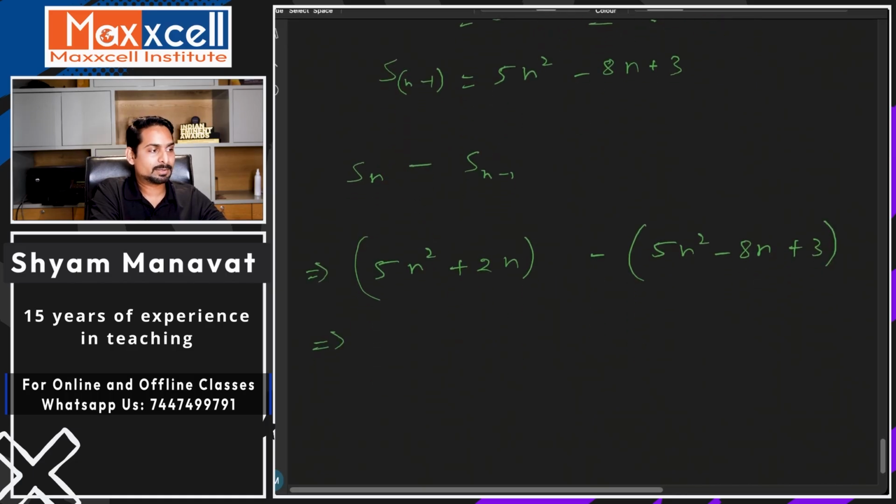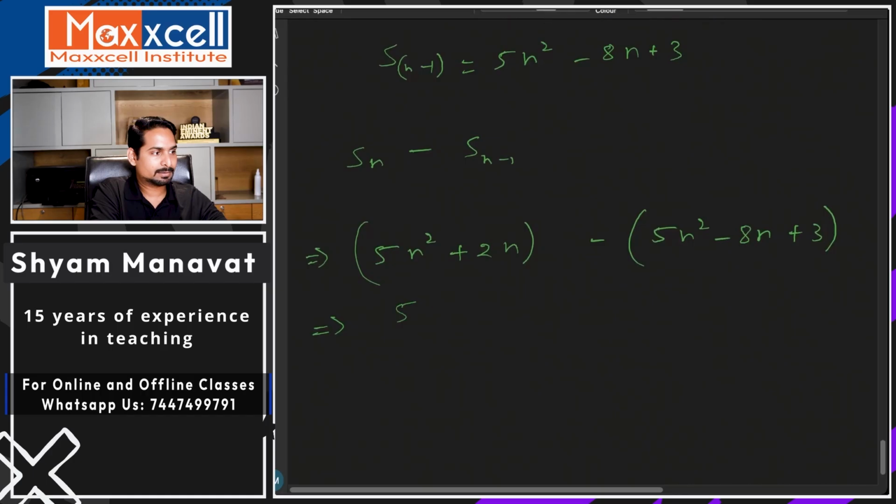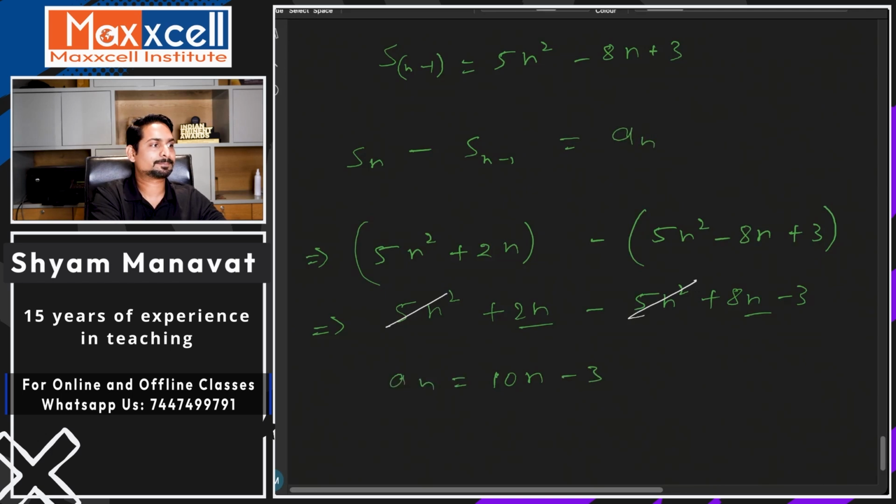What do you get? 5n square plus 2n minus 5n square plus 8n minus 3. Simplify this. 5n square minus 5n square cancel. 2n plus 8n is what? 10n, and then minus 3 as it is. This is nothing but the nth term, which the question asked us to find. Are you clear with this?